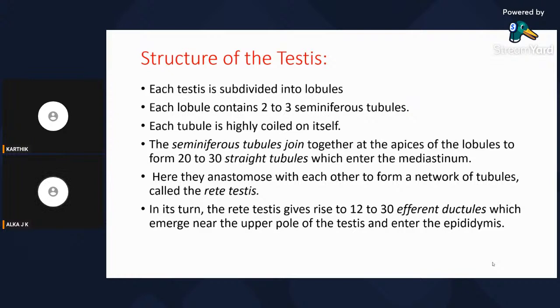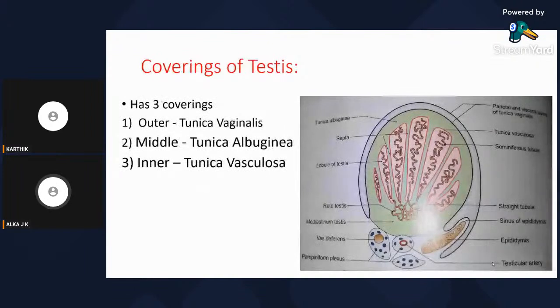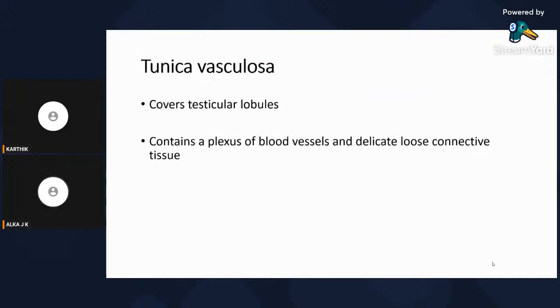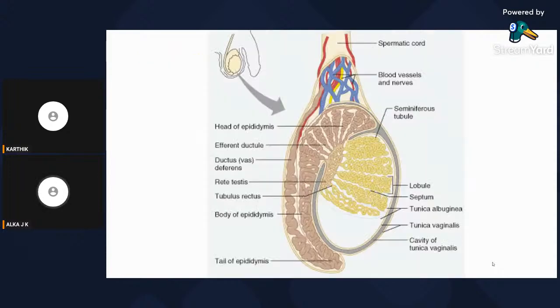Here they anastomose with each other to form a network of tubules known as rete testis. In turn, the rete testis gives rise to 12 to 30 efferent ductules. See in the picture: these are the seminiferous tubules, then there is the network-like structure, rete testis, and then the efferent ductules, which emerge near the upper pole of the testis and enter the epididymis.